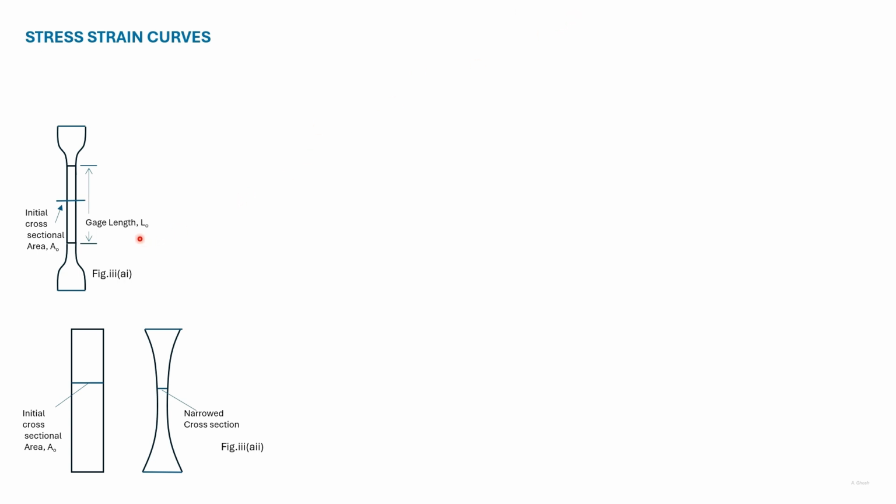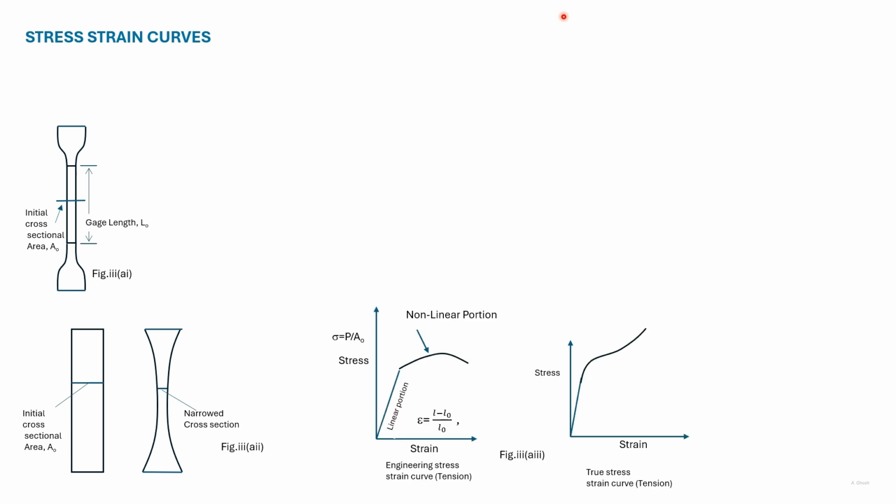The gauge length is referred to as L0 and the initial cross-sectional area as A0. We have already discussed the fact that with increase in tensile loads, even at low loads, the cross-sectional area reduces.